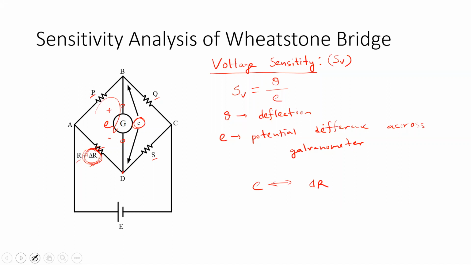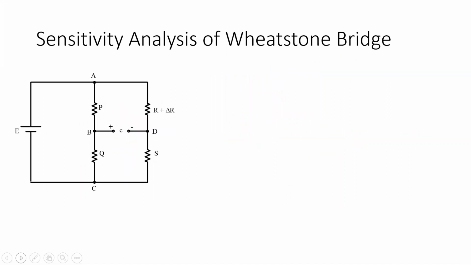So this same diagram can be redrawn as shown in this slide. We are now going to focus on this loop. This voltage drop across P we can refer to as EAB, and this voltage drop across R plus delta R we can refer to as EAD. If that is the case, then considering this loop or mesh, we can write E equals EAD minus EAB.